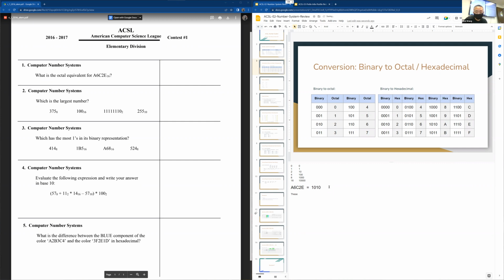That's A. 0110, that's 6, right? 1100, that's C. 0010, that's 2, and 1110, that's E, right? That's binary.